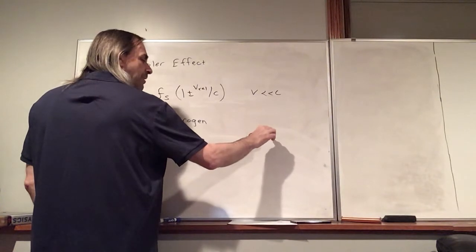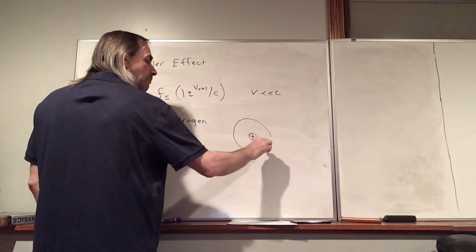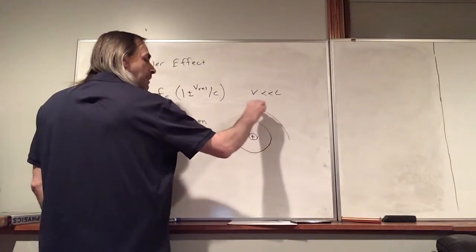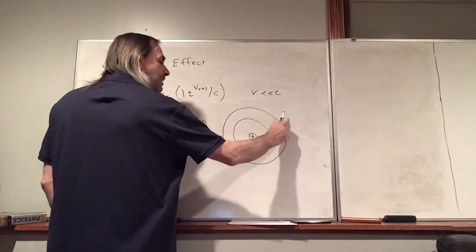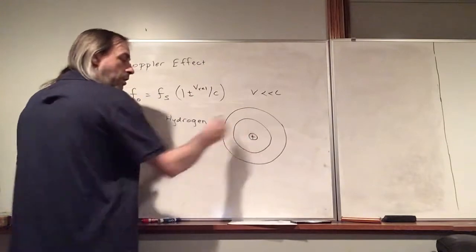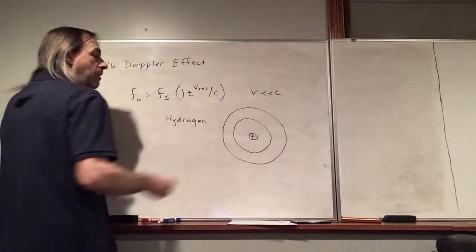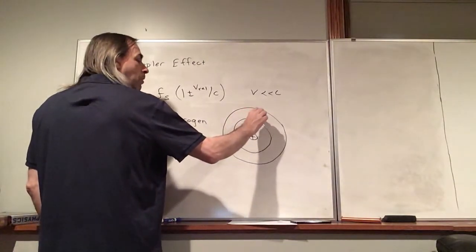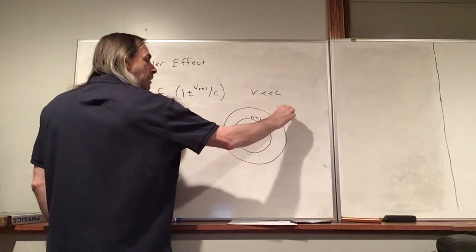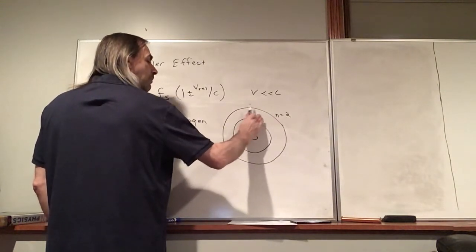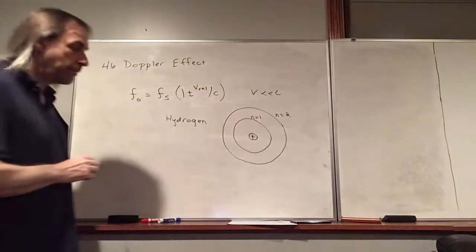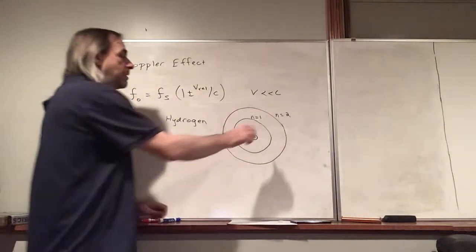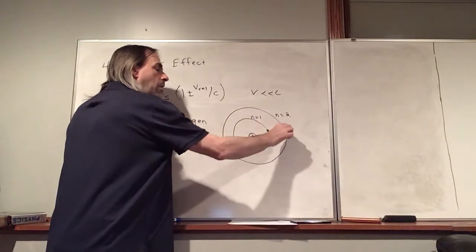And I mentioned that electrons can exist in certain orbits, and it can only have a stable orbit at certain distances from the nucleus. So let's say this is the n equals 1 orbit, and this is the n equals 2 orbit. The electron can exist here, or it can exist here.